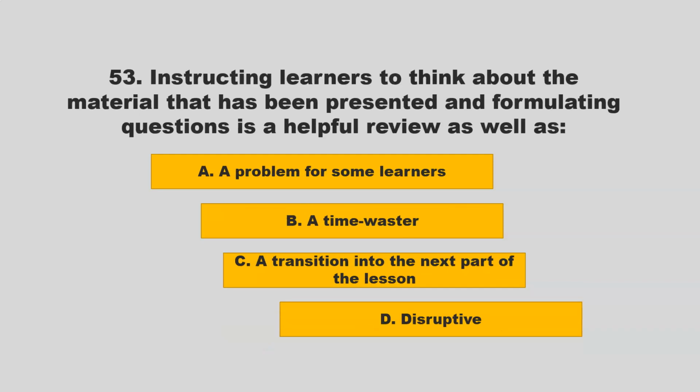Instructing learners to think about the material that has been presented and formulating questions is a helpful review as well as a problem for some learners, a time waster, a transition into the next part of the lesson, disruptive.